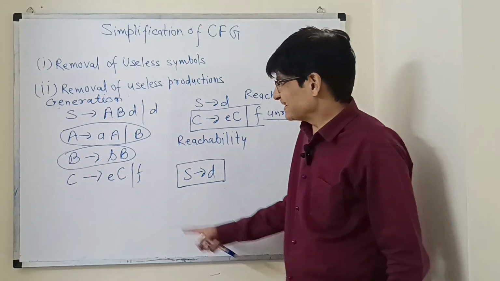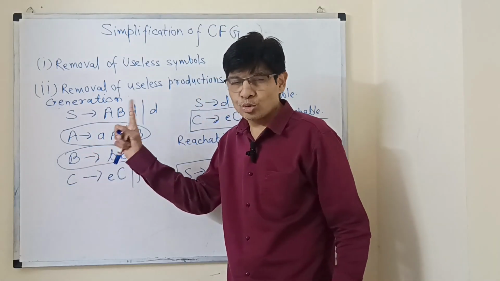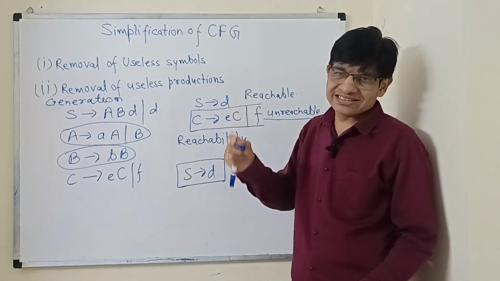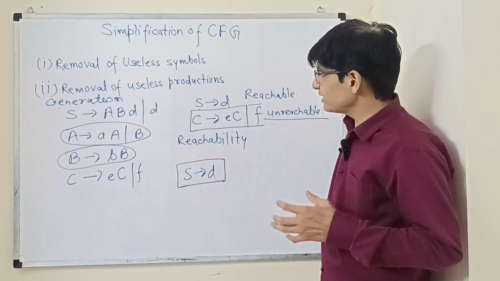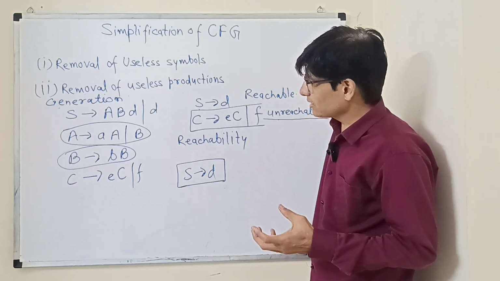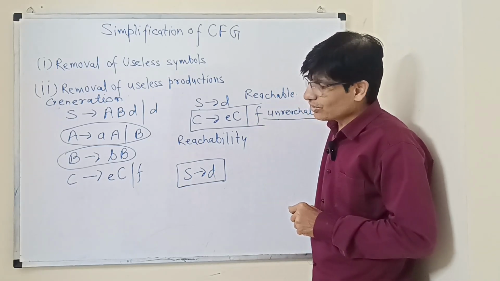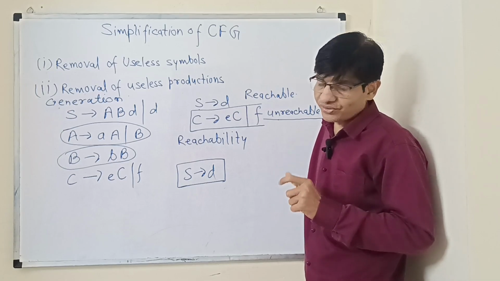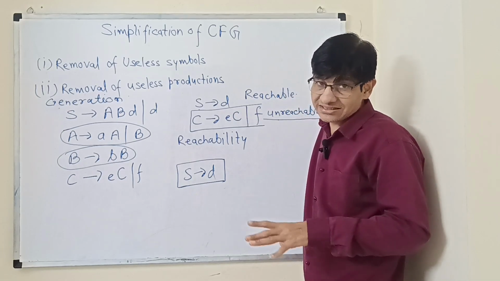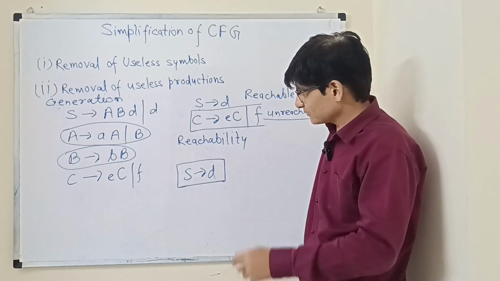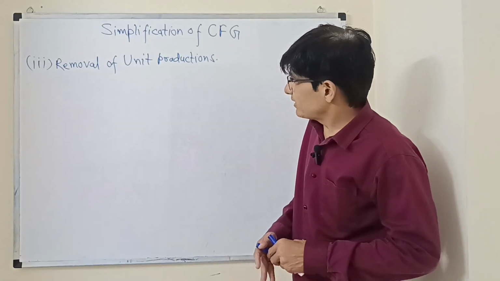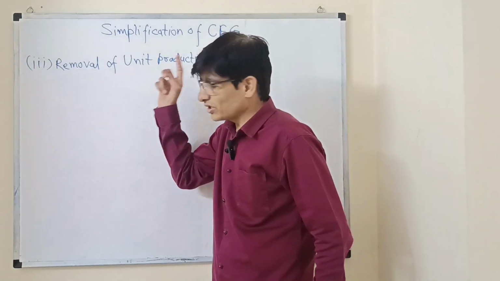So that means this grammar can generate only one string, which is D. Now I will take another way of simplification, removal of unit production, and then we will discuss removal of epsilon production. So now friends, we will discuss the removal of unit production.